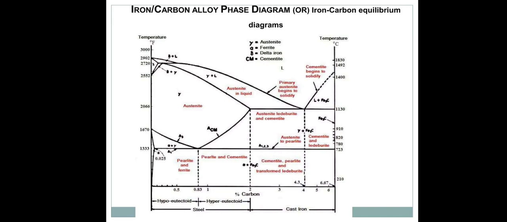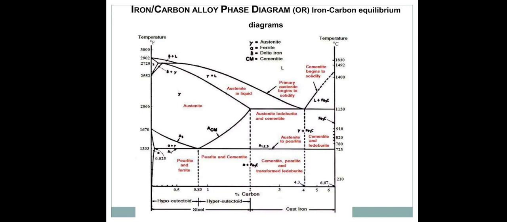Austenite, or gamma iron. Austenite is a primary solid solution based on gamma iron having FCC structure. This is also an interstitial solid solution of carbon in iron. The maximum solubility of carbon in FCC iron is about 2% at 1140 degrees centigrade.